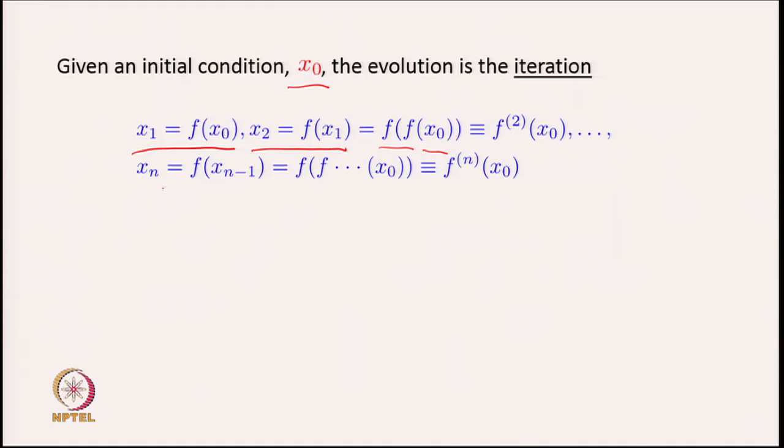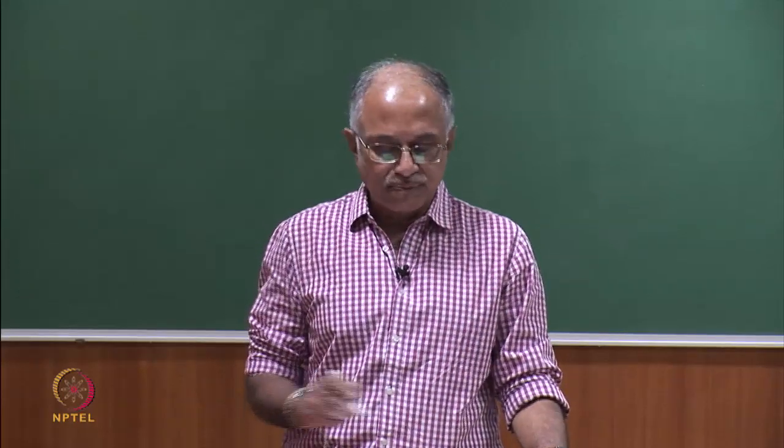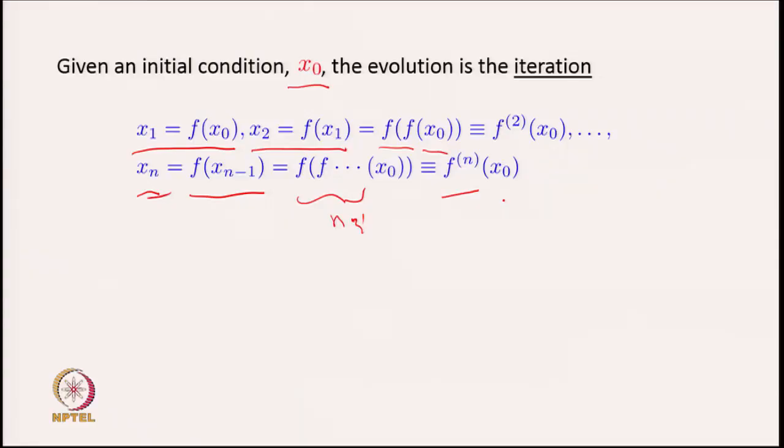Proceeding by induction, we can see that x_n is f(x_{n-1}), and that is going to be f applied n times to x_0. So, x_n is given as f^n(x_0). Once you are given a particular initial condition, one can just plug it into this set of equations and go on and find out where x_n is after n steps.